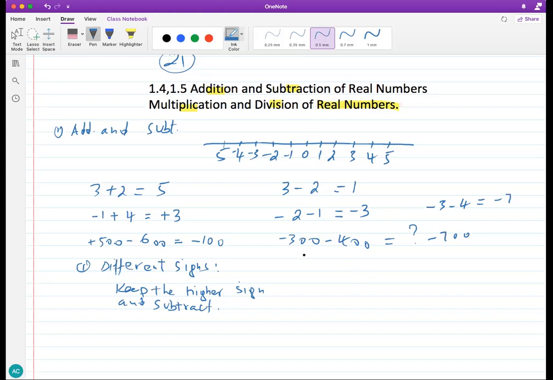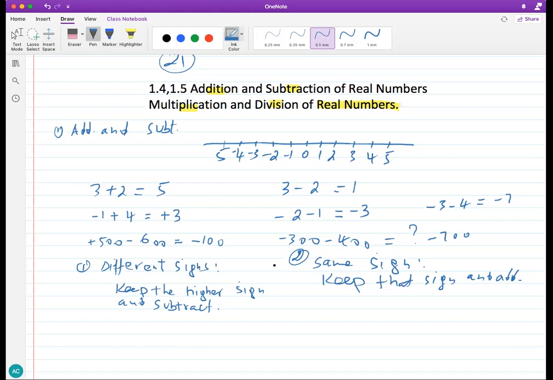And over here, number 2, same sign here. So we keep that sign and add the values.